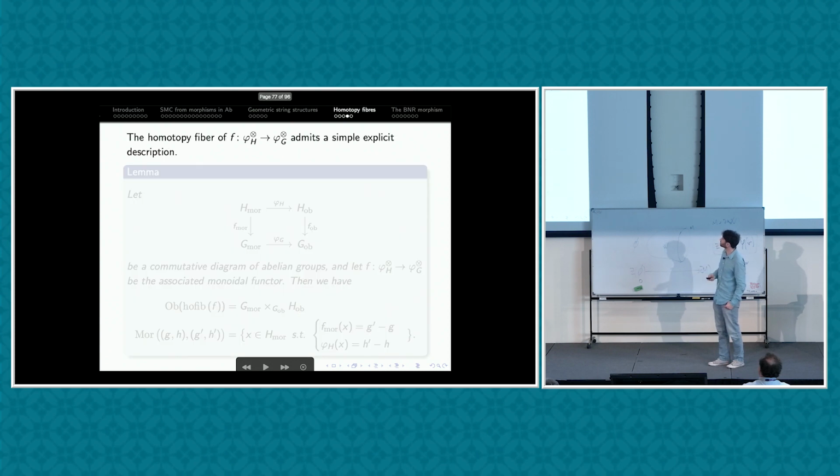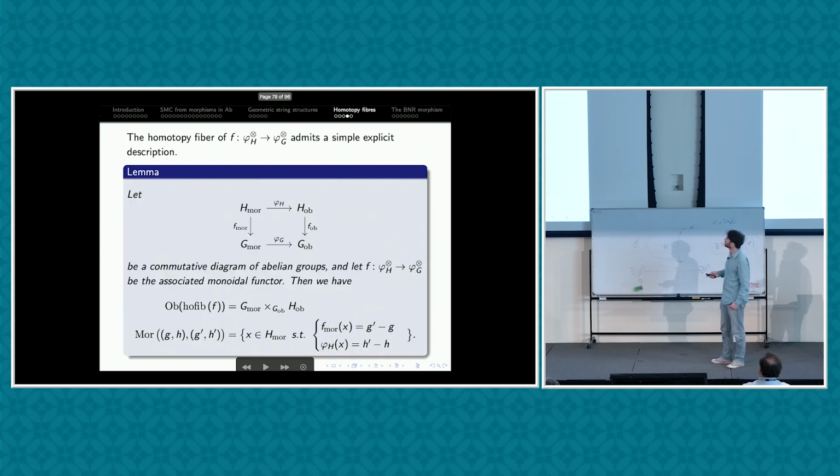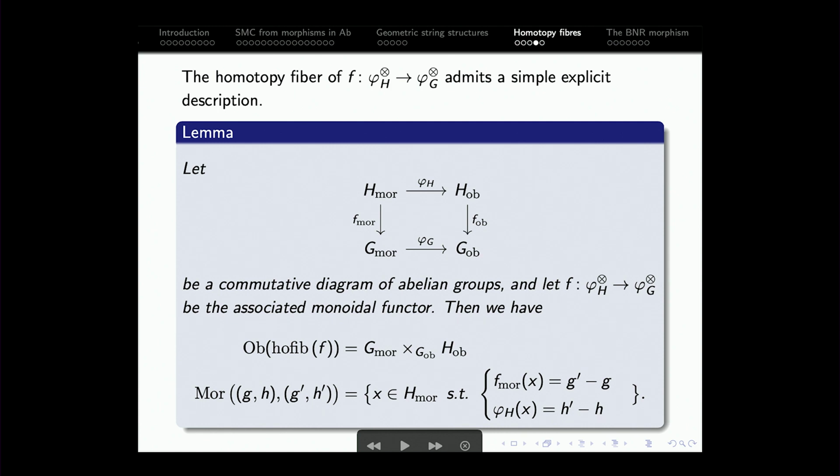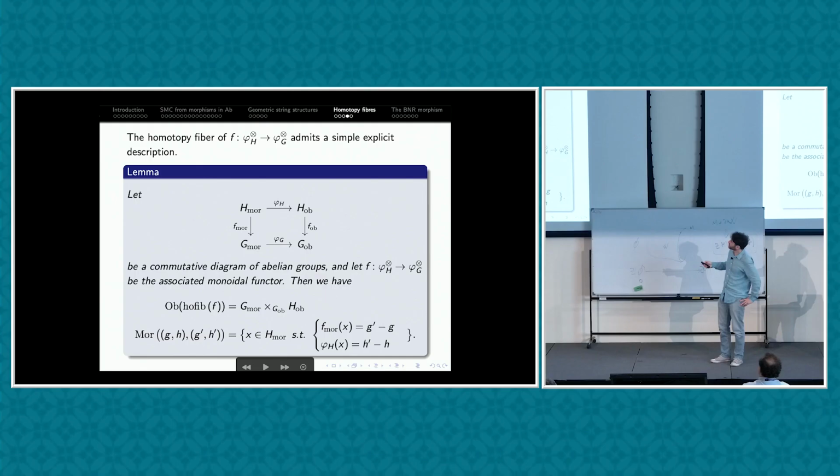Okay, this is just what I said. In this simple example, the homotopy fiber has a very explicit expression. So I can say both what the objects and what the morphisms are. Objects are just objects in H, and morphisms in G, that are the same here.